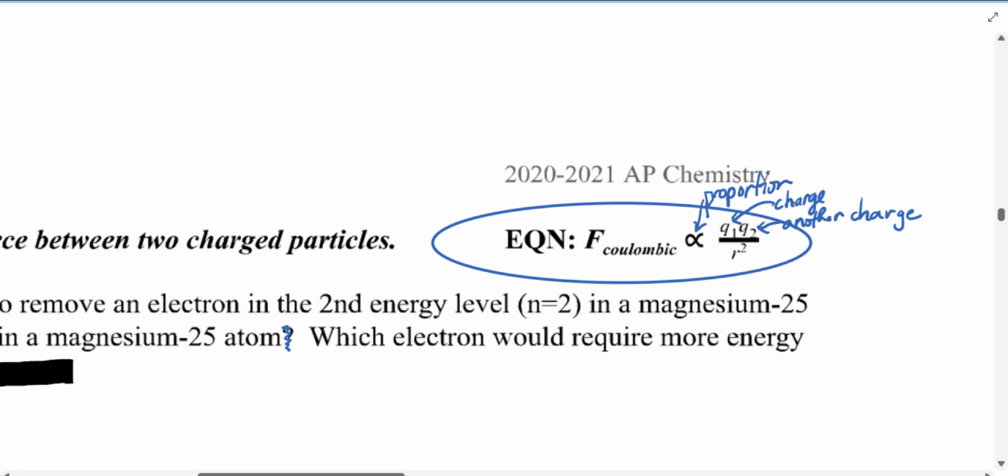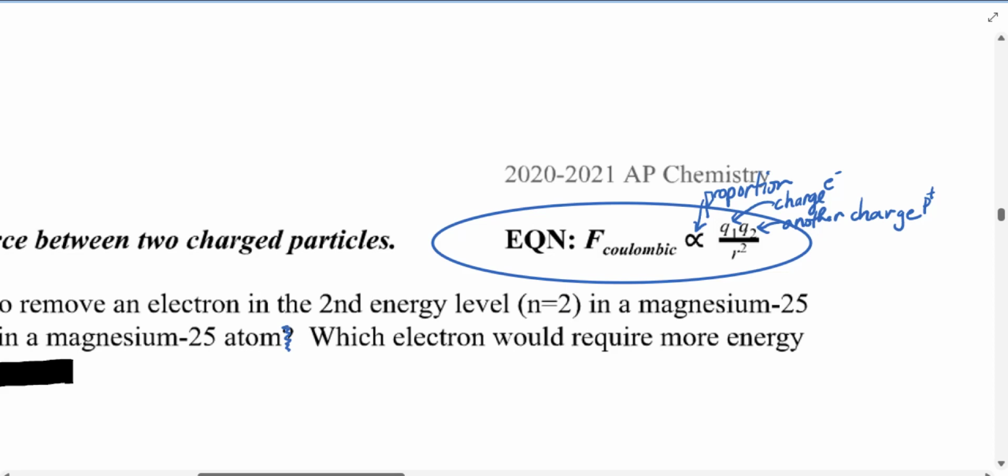Right now, we're talking about an electron and a nucleus, okay? And the nucleus charge is denoted by the protons, because neutrons have a neutral charge. They have no charge. All right, so one of these Q's is going to be the electron that we remove, and the other Q is the charge of your nucleus, all right, or how many protons you have.